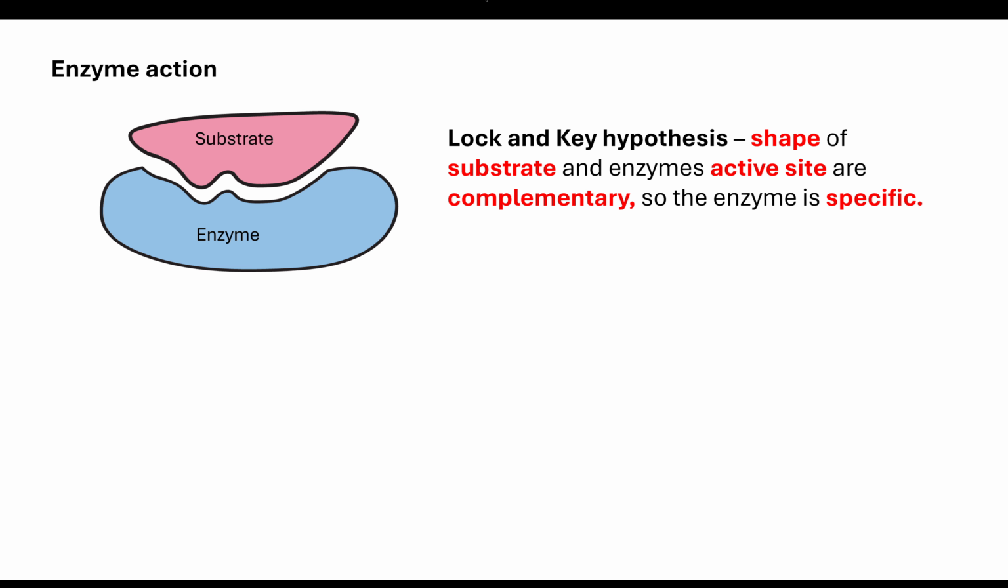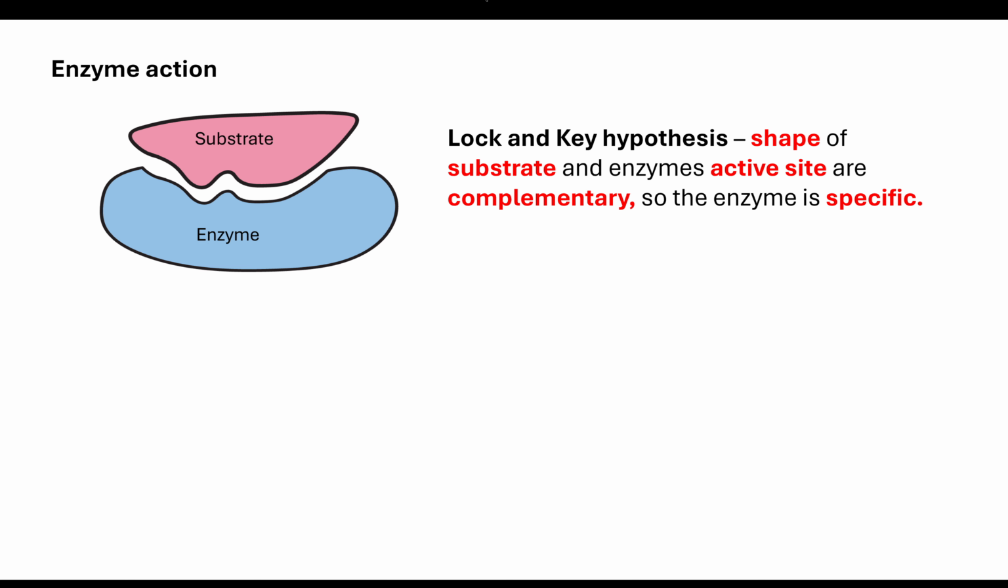So enzyme action then, when we first discovered and understood enzymes and how they worked, we used what was known as the lock and key hypothesis. This is where we know that the shape of the substrate and the enzyme's active site are what's known as complementary to each other. Now remember, enzymes are polypeptides that have a tertiary structure, which means that they fold and bend in such a way that they have a very specific shape.